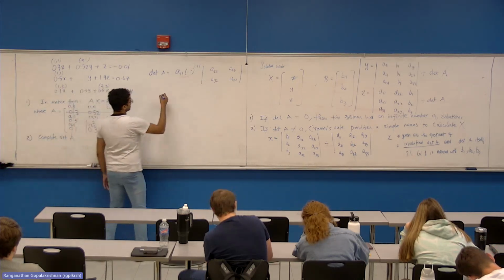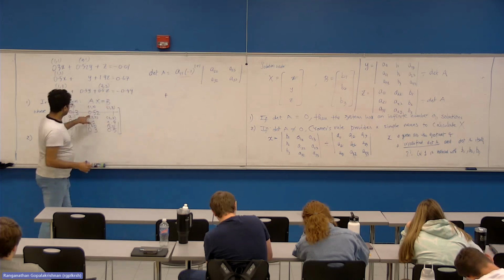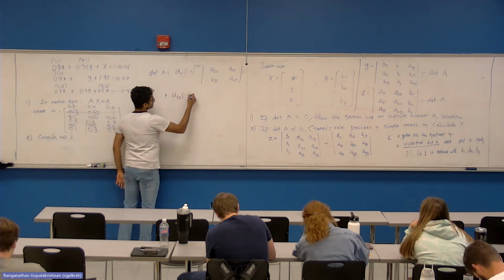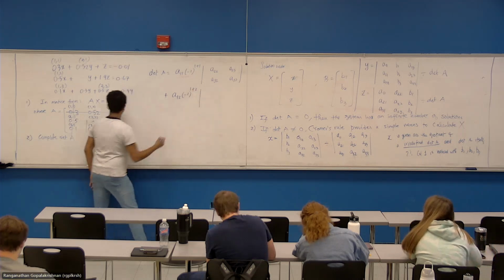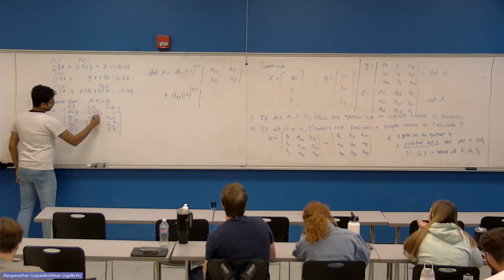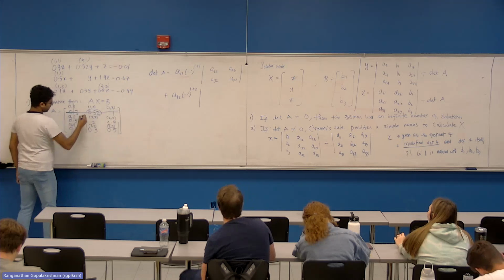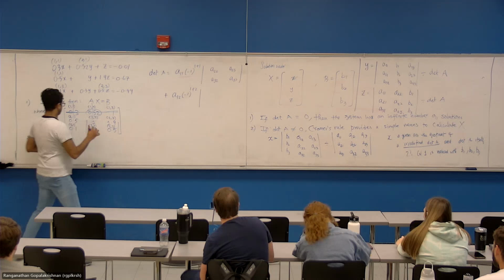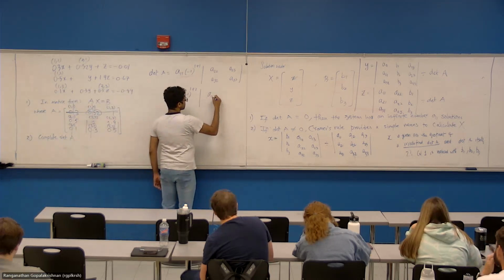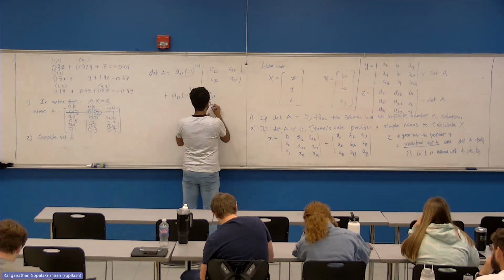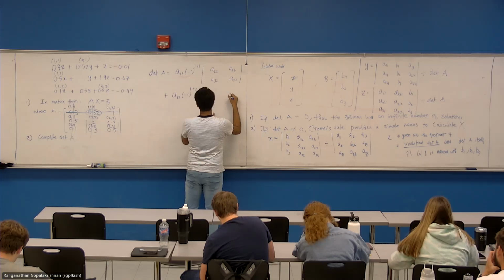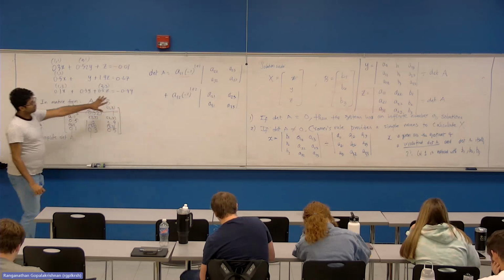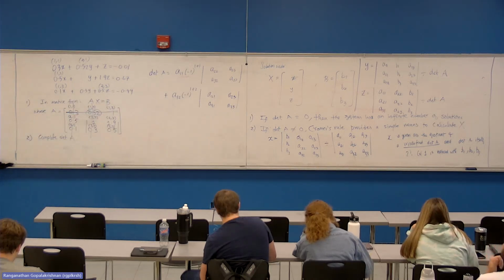And then plus the next element I'm going to consider, A12, times minus 1 to the power 1 plus 2. If you have considered A12, you need to strike out the first row and now the second column, and the remaining elements are A21, A31, A23, A33. Look at these two steps and tell me if you are with me so far.